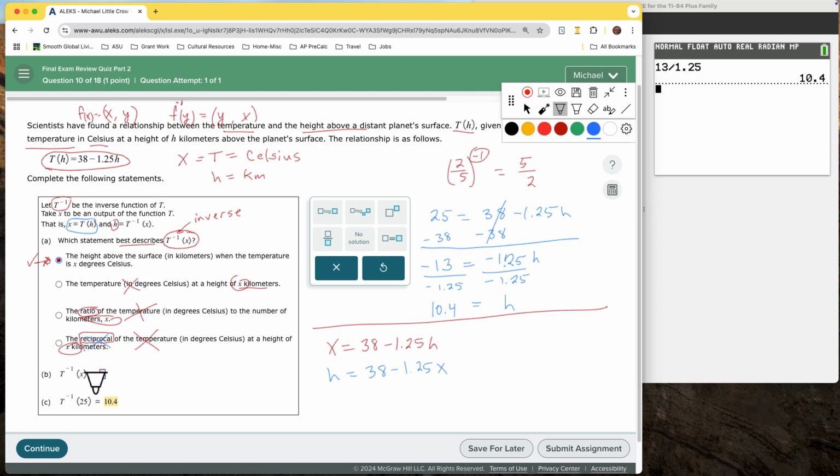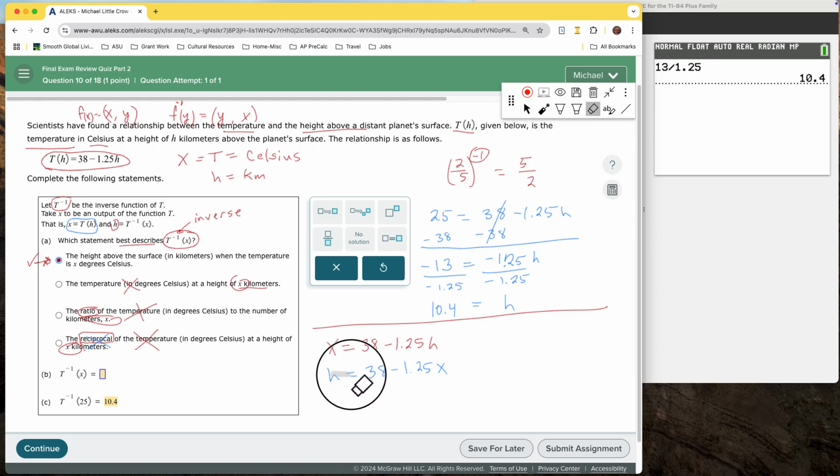You input it, you get your h. To have the notation right, this is going to mix up. So let me back up.